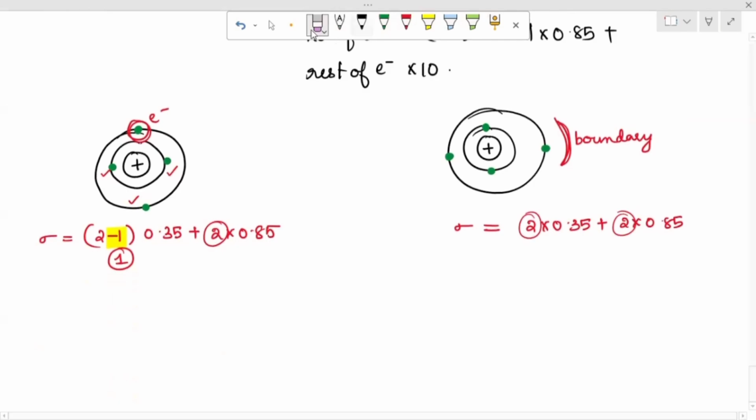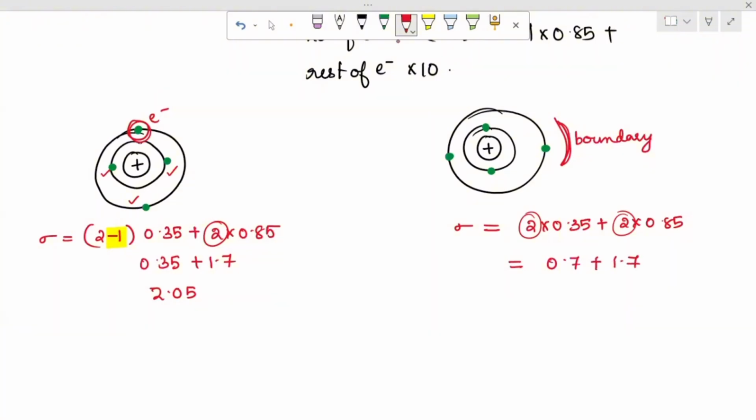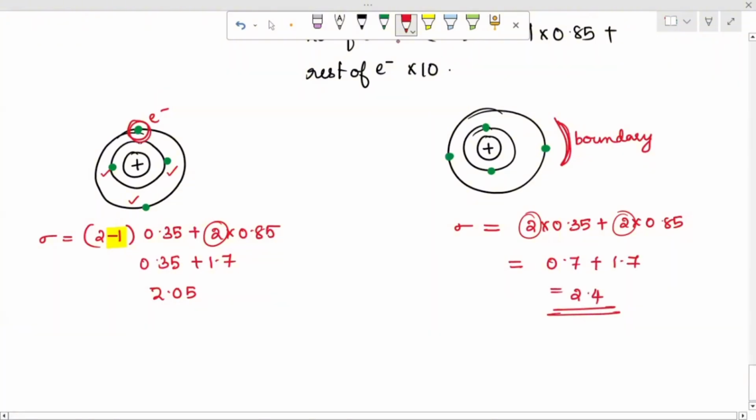So this is something we have already done. This is 0.35 plus 1.7 and that is 2.05. Here what you have is 0.35 into 2, 0.7 plus 1.7, which is 2.4.